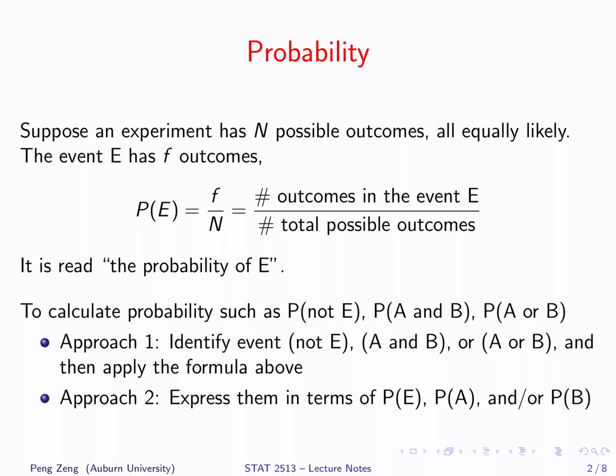Second one, we can express this probability in terms of probability of E, probability of A, probability of B. In practice, which approach to use depends on what information is available and which approach is easier.